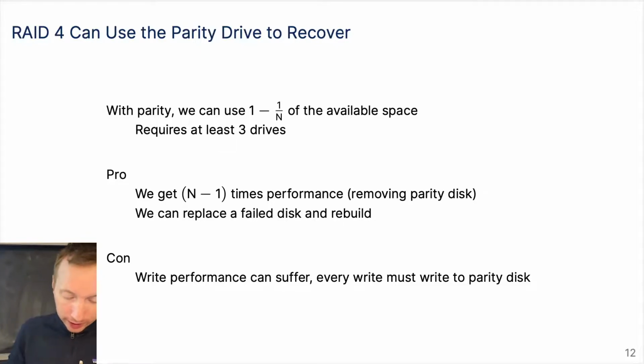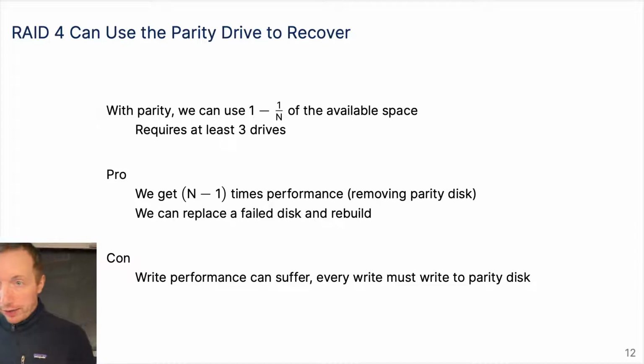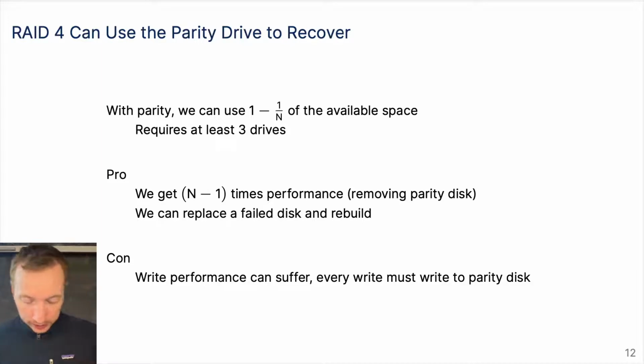With parity, you essentially lose a single drive to parity calculations, and you need at least 3 drives for this to work. But for the pro, you get n-1 times performance. You basically just remove the parity disk because it's overhead. So you can read across n-1 disks and write to the other disks, but you'd have a little bit more writing because every write has to go through the parity as well.